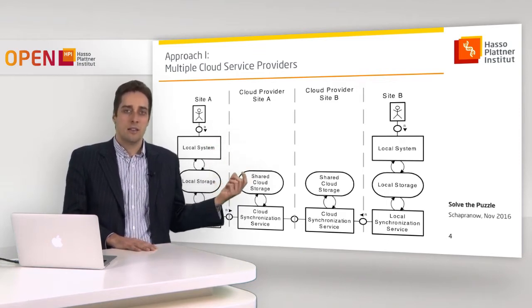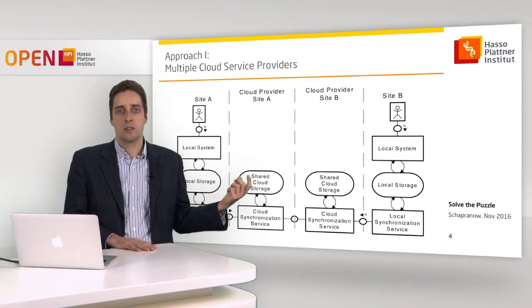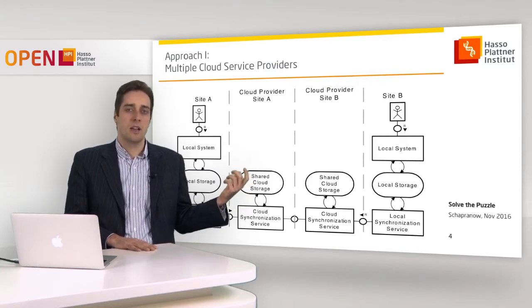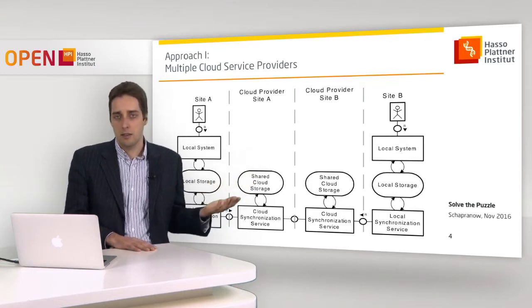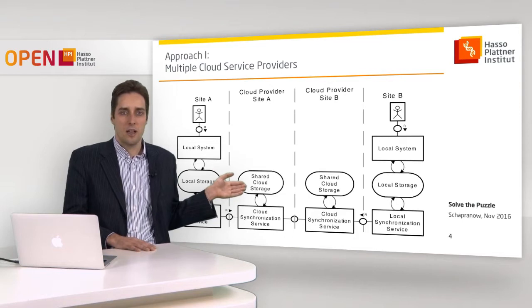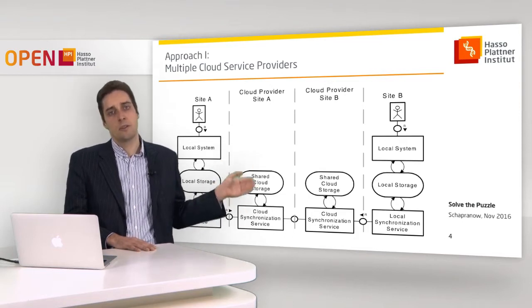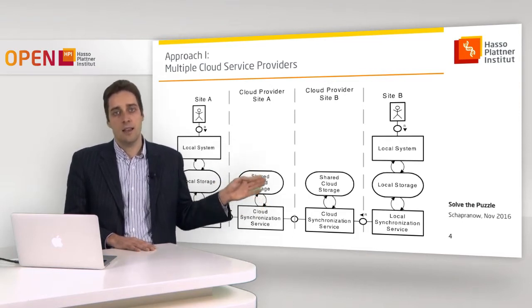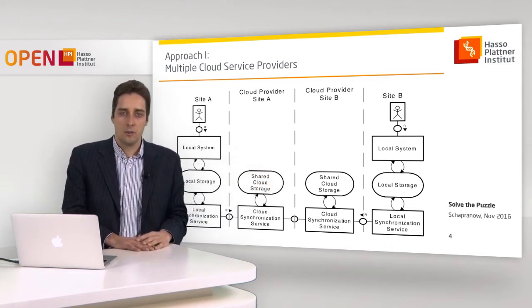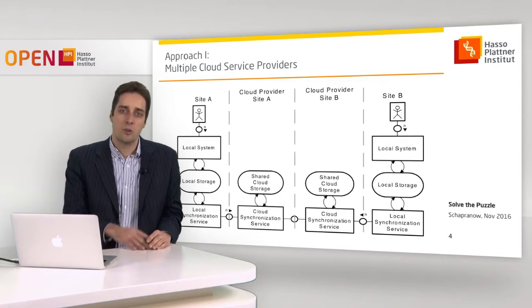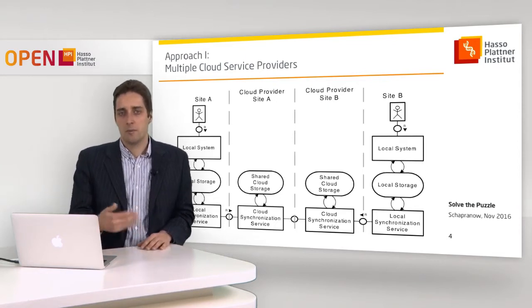Of course, the network connection between this cloud service provider might be much faster and better than between the sites. However, you see you have to replicate the data, so to say. The first time you will create data in your local system, then a second time in the service provider A, and then in B, and then it comes to site B. This is time consuming. This is really a challenge because you also multiply the volume of the data by doing the replication.